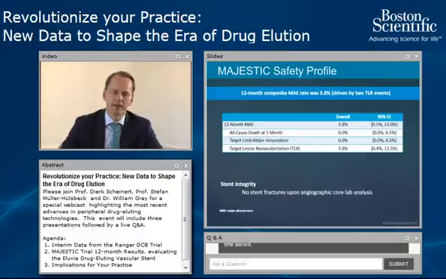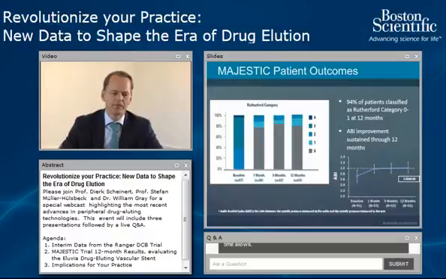I also want to say that the stent integrity was guaranteed because no stent fractures upon angiographic core analysis were seen. If you look at the patient outcome, and this is obviously of utmost importance for the patients, I have to say that 94% of the patients were classified as Rutherford category 0 or 1 at 12 months, and ABI improvement sustained through 12 months also.